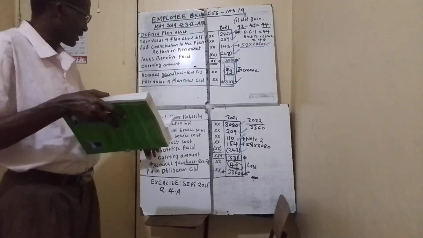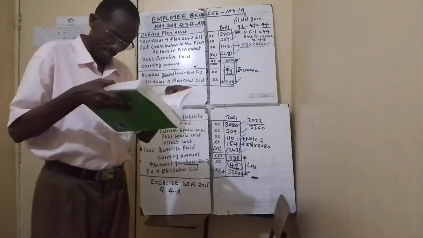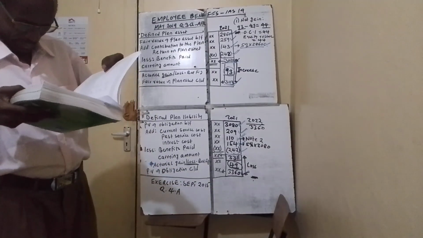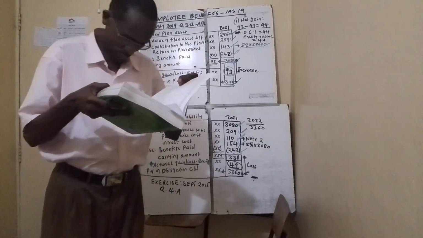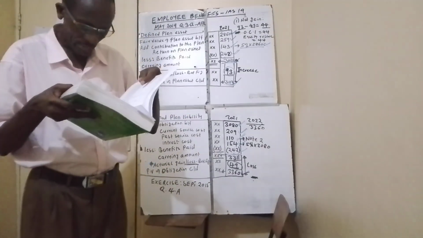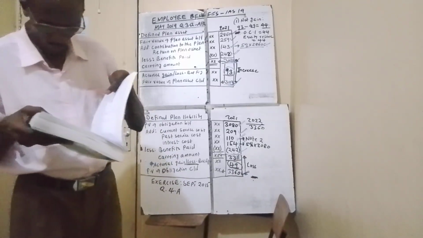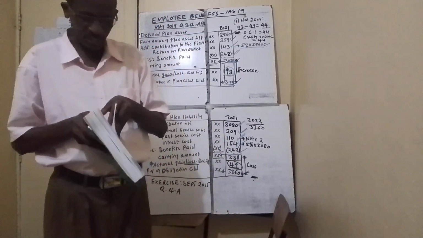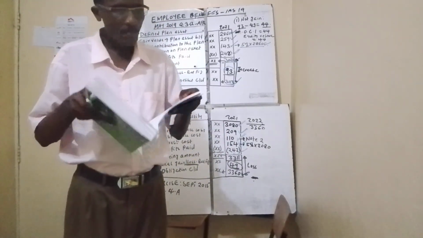So these ones have been given. You just put them there. You just fix them there. And then the past service cost is caused by an improvement in pension benefits commencing 1st December 2014.